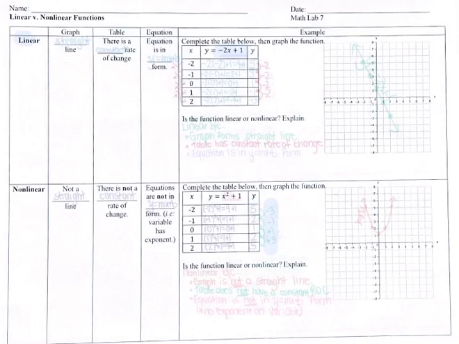What word do you notice in linear? Line. So anytime you have a linear function, that just indicates that it represents some sort of line. So the graph of your linear function is going to form a straight line.